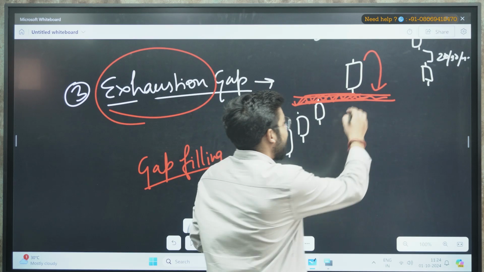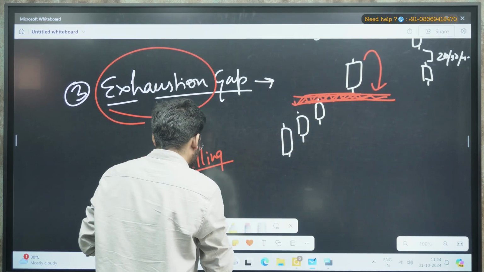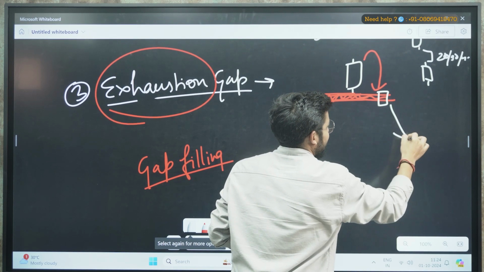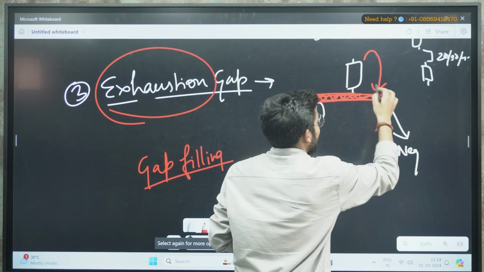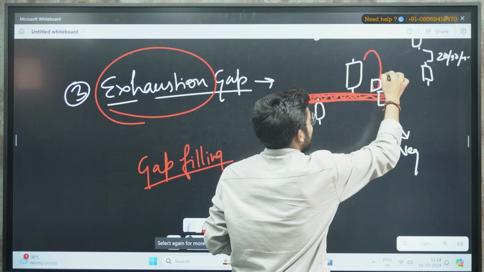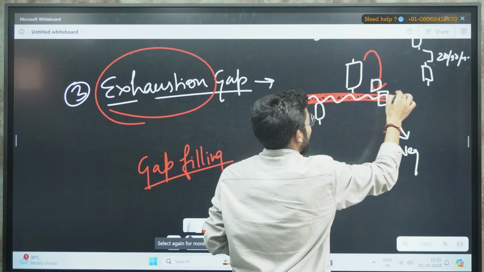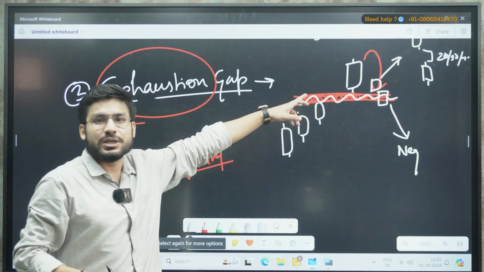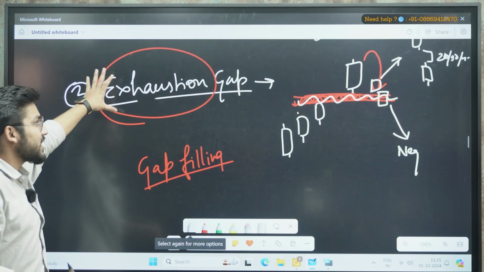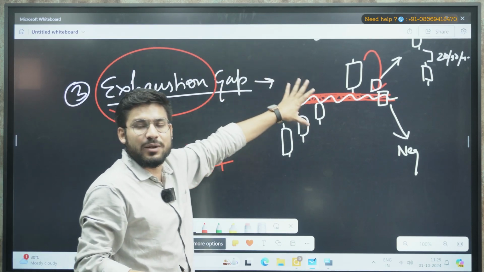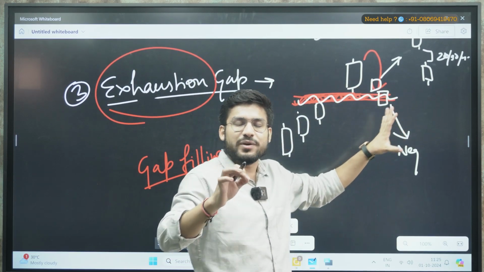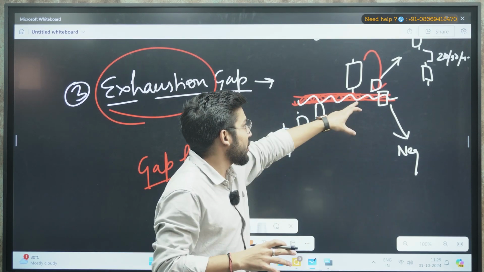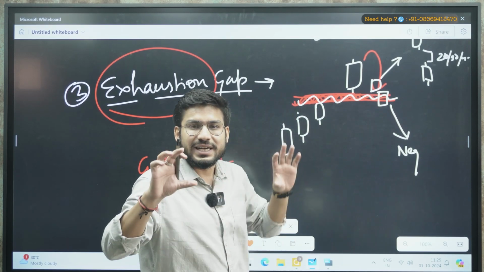Whenever your market comes back, if this gap is broken down, then you can trade in the negative direction. And if your candle sustains above it, you can treat it as your support and new orders will be placed here, so it can again go in the upward direction. So whenever there is an exhaustion gap, you will be waiting for the gap filling, waiting for the market to retrace to your gap again. And if your gap is broken down, you can treat it as your zone.